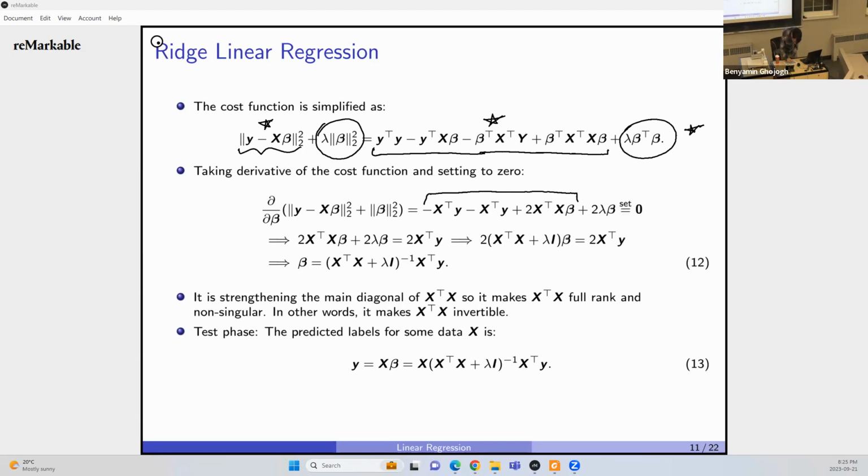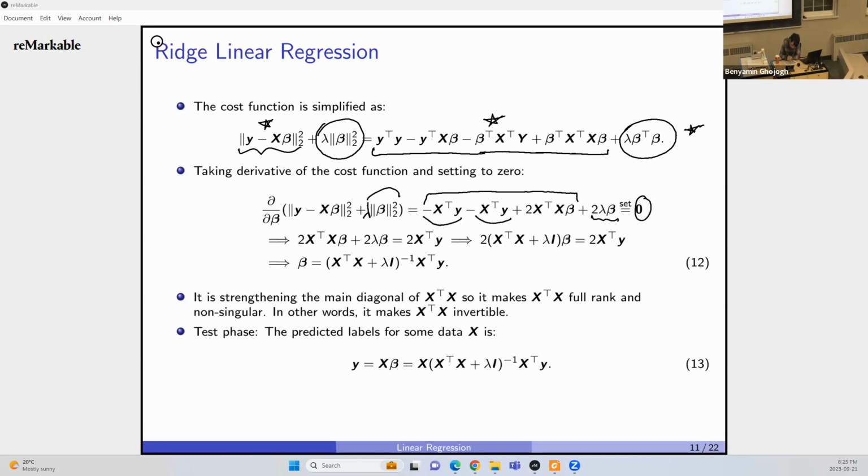This term is added. What is this? It is a quadratic form with respect to beta, because it's beta transpose beta, right? By the way, it has some lambda here. So the derivative becomes 2 lambda beta. Agree? Okay. Now set it to the zero vector.